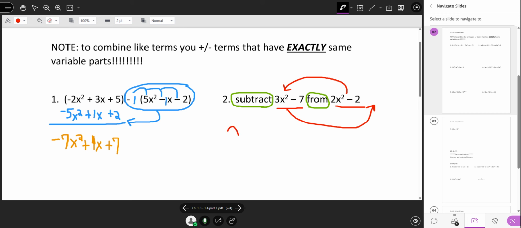So this is 2x squared minus 2. Then your minus 1 times 3x squared minus 7. Now I have it set up so that there's something left over at the front. But in your homework, there is nothing left over.